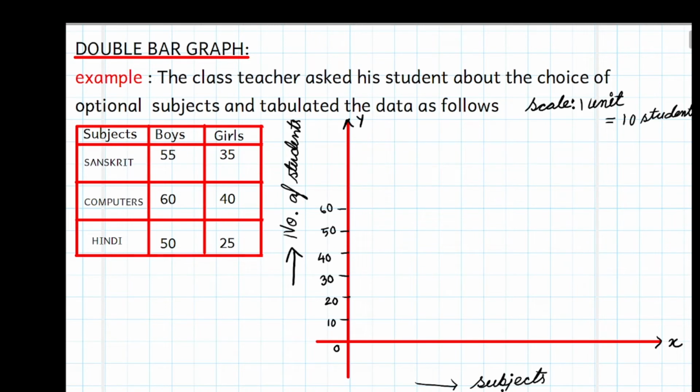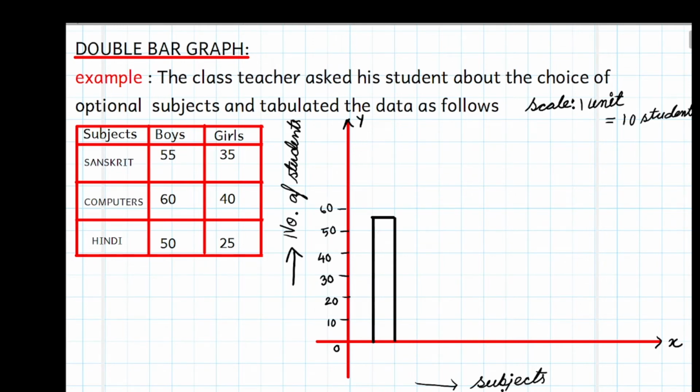Boys. We will draw the graph for boys. 55. So 55 will be in between 50 and 60. Suppose I am taking here 55. This is for boys.